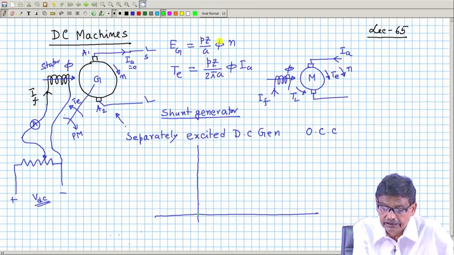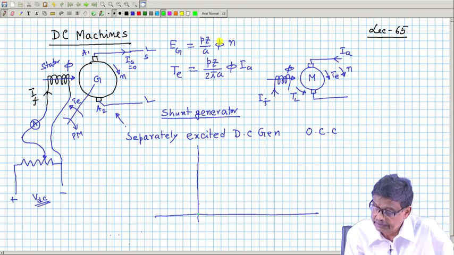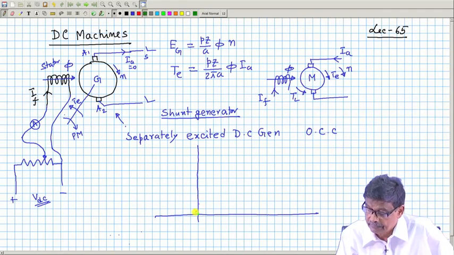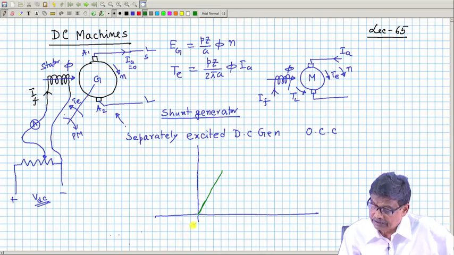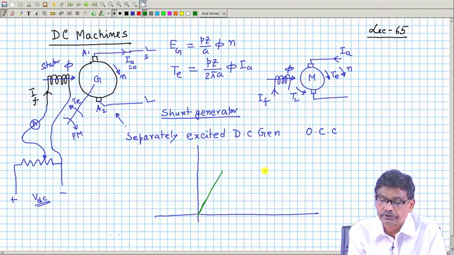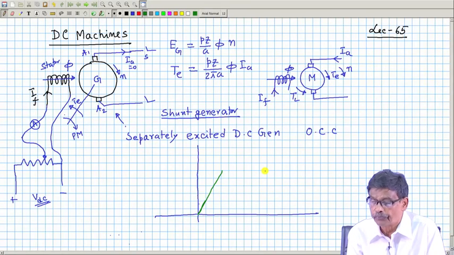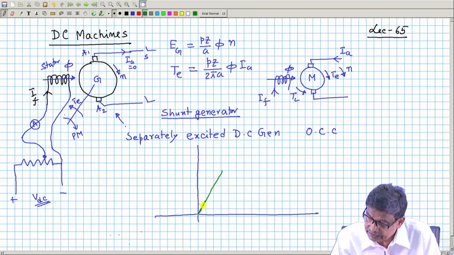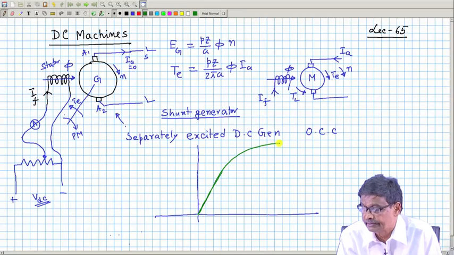So, as you increase the field current IF, the generated voltage will increase, linearly at the beginning. But after some time, as you keep increasing the field current, the flux produced will not be in proportion to the field current because saturation sets in. So the OCC goes up and then takes a bend like this.